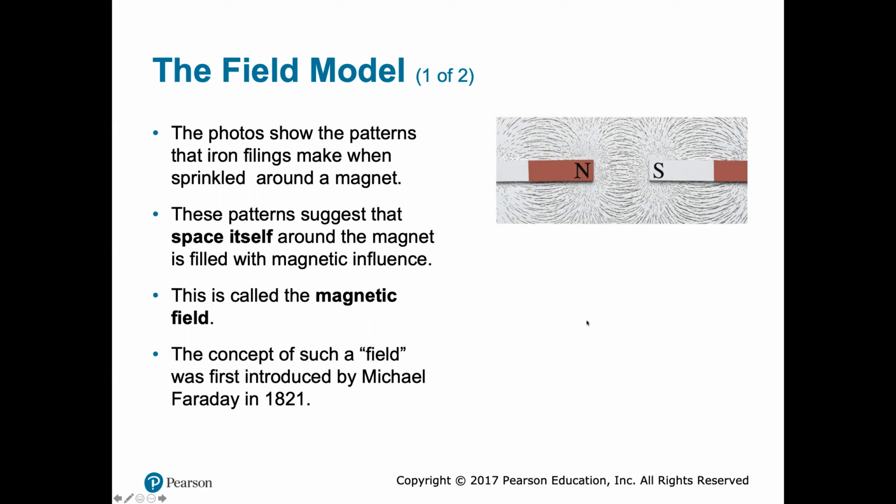Here, if we do an experiment like this, we put two magnets on the table, and then we put some iron filings, and we shake it. Let's say iron filings sprinkle on the table.